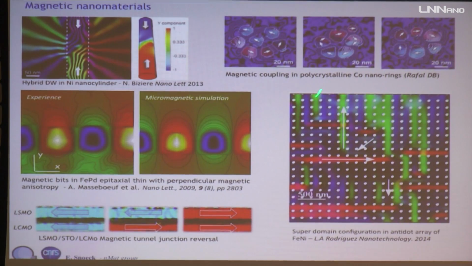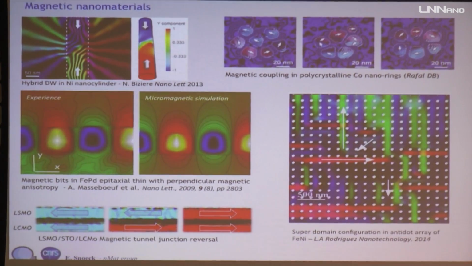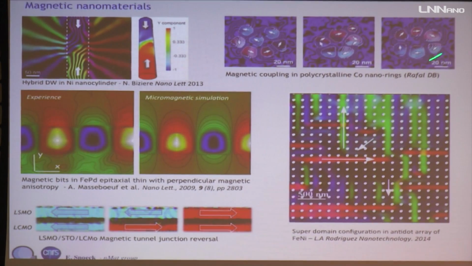This is a work published by Rafał Dunin-Borkowski, where he saw the different magnetic configurations in cobalt polycrystalline materials, which make different arrangements. So you see the magnetic induction in the cobalt nanocrystal and around it. This is some work that I will illustrate tomorrow.